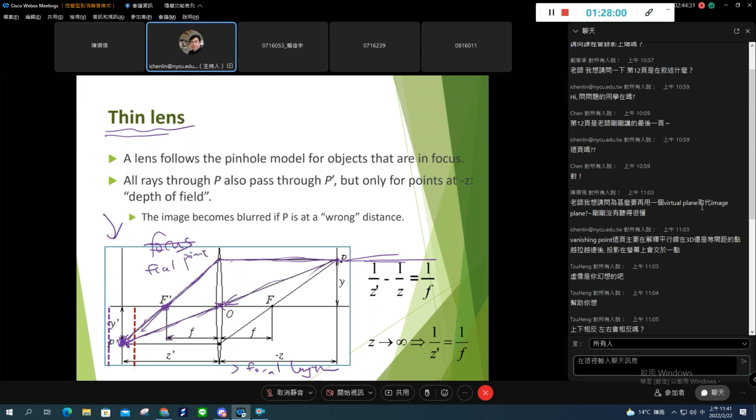So we can know where the clear projection point of your camera is. This is the focal point.